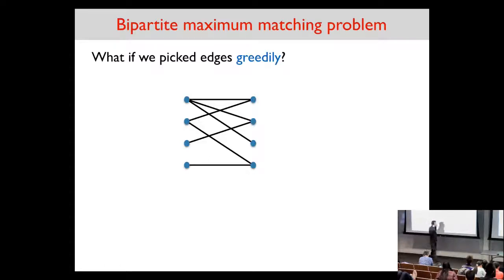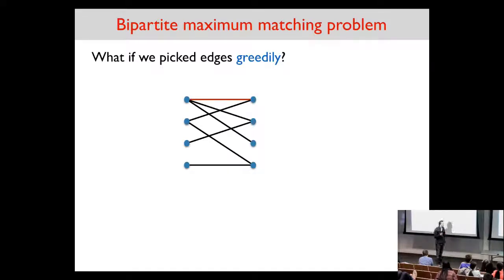The first thing you can try to do is just go greedily. You can try a greedy algorithm, which means you start with the first vertex on the left. You pick an edge. There you go. And then you say, okay, I'm going to put it in my matching. Then you go to the second vertex on the left.